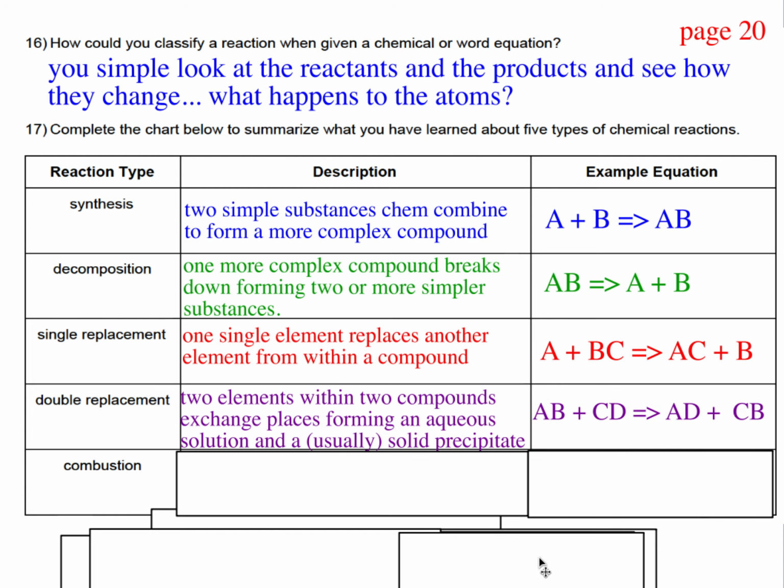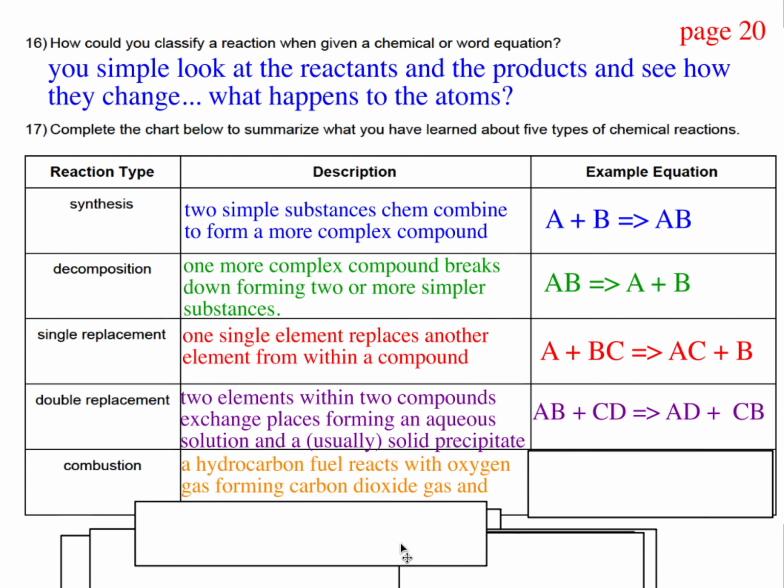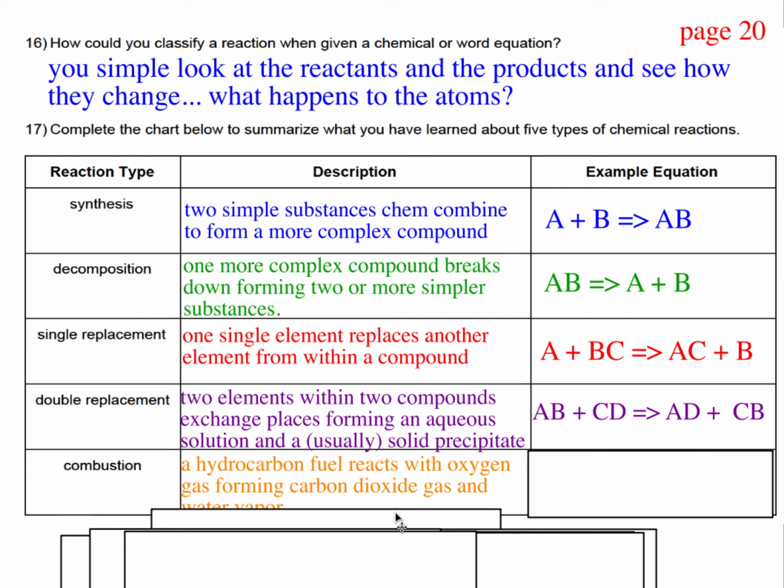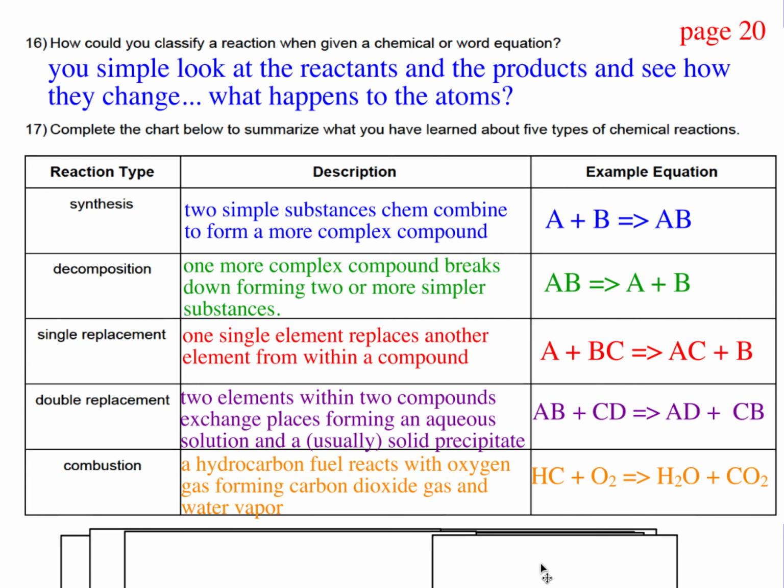So in this case, the A and the C change places, and I end up with AD and CB. Combustion, a hydrocarbon fuel reacts with oxygen gas, forming carbon dioxide gas and water. So I've got hydrocarbon plus oxygen yields water and carbon dioxide. All right, so those are pages 15 through 20.